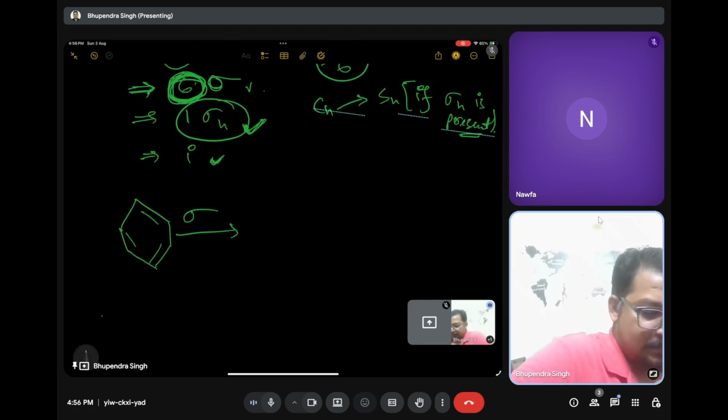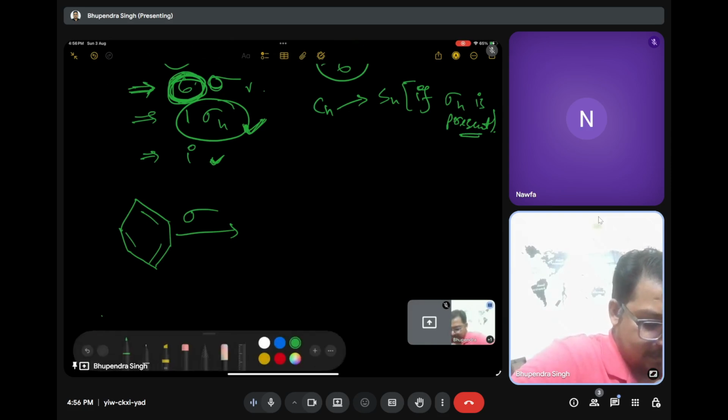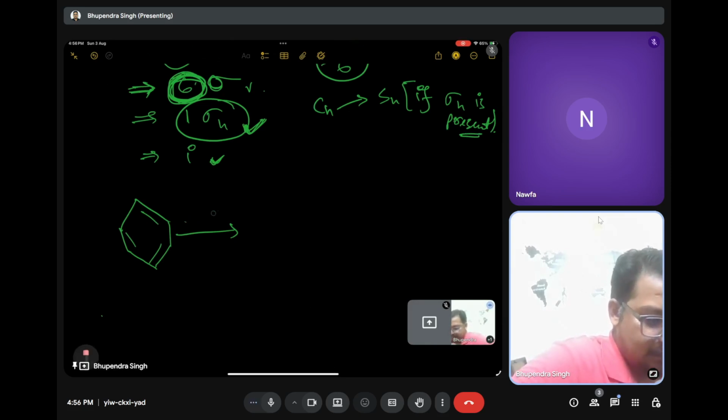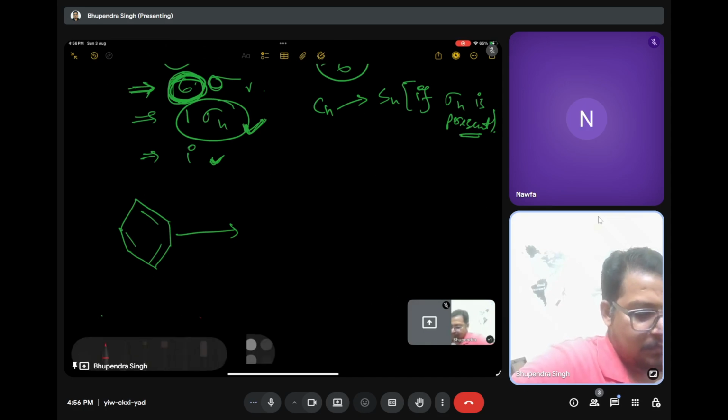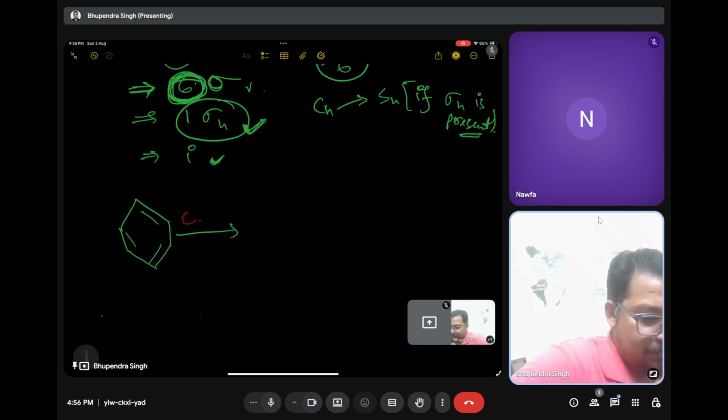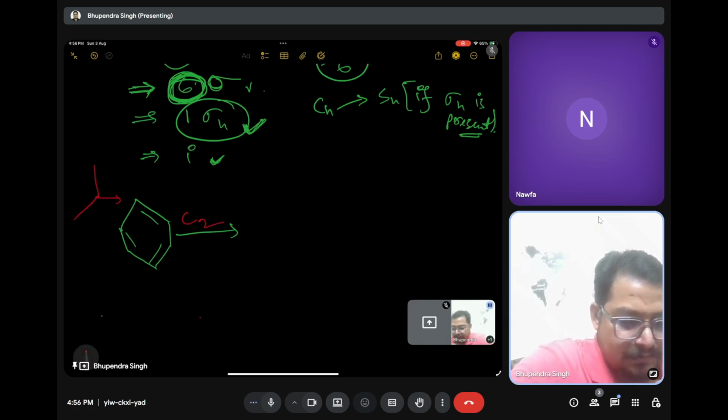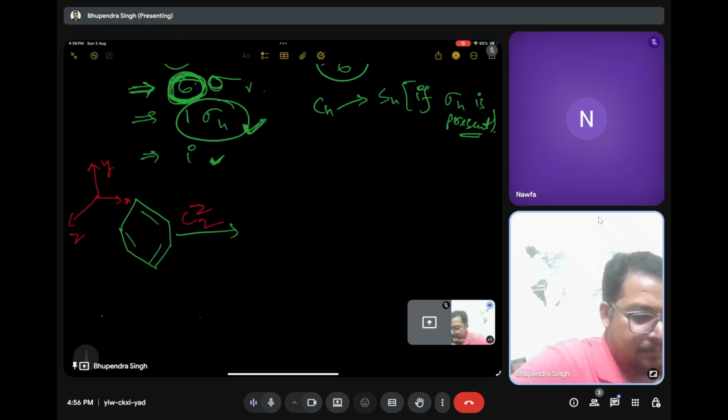So by applying this, let's say first take this axis of symmetry. Take axis of symmetry C6, and if these are your coordinates Z, X, Y, this will be C6 along Z. This is the principal axis of symmetry.